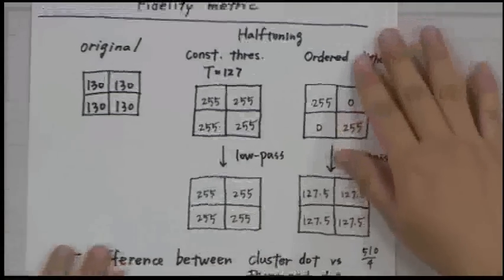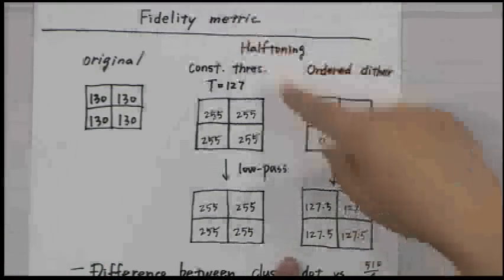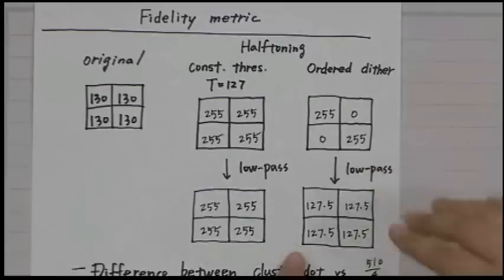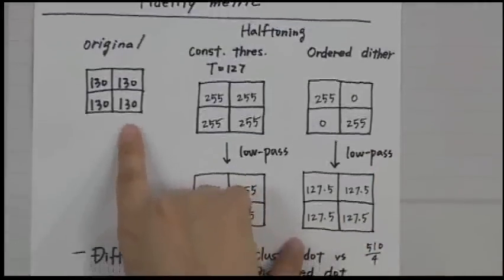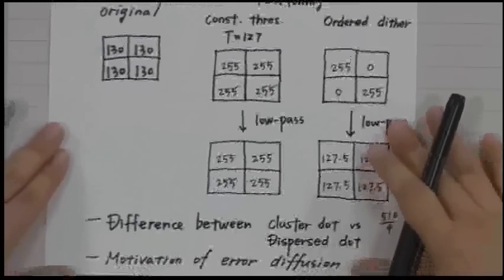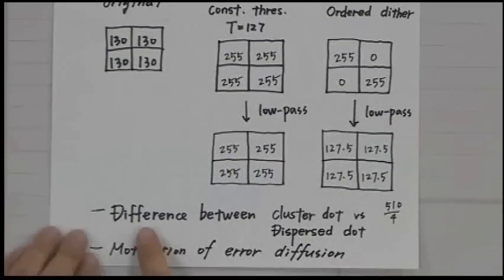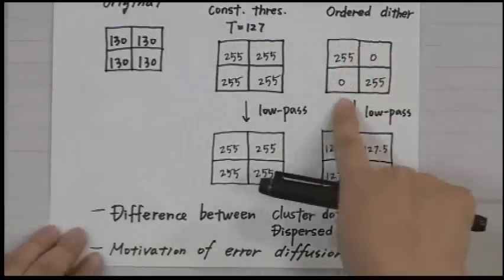And because our vision contains a low-pass filter, after taking the average, if it's closer to the original image, that's good enough. So these are introducing local variation.